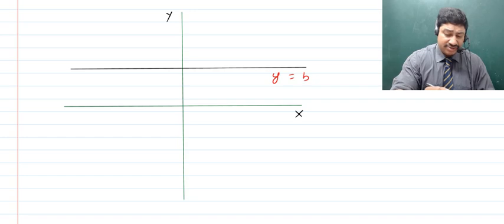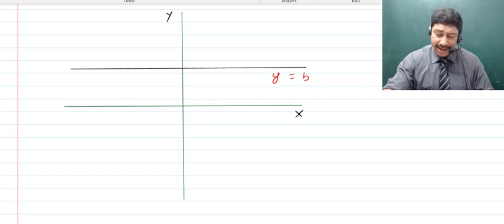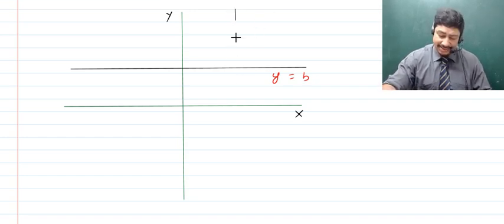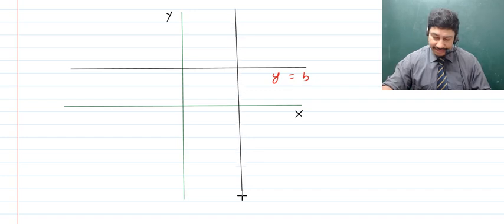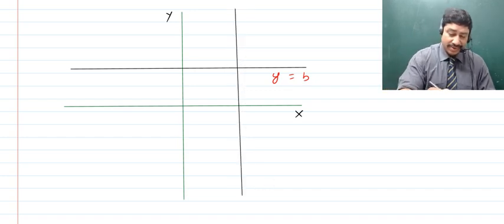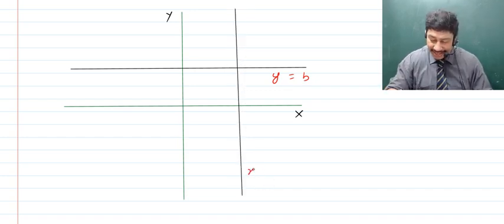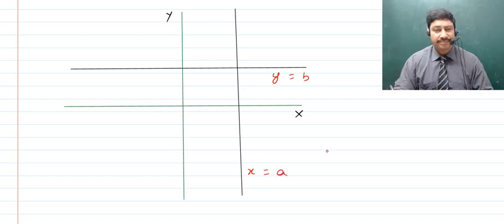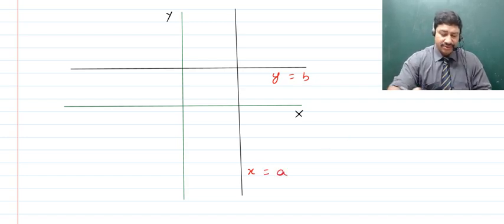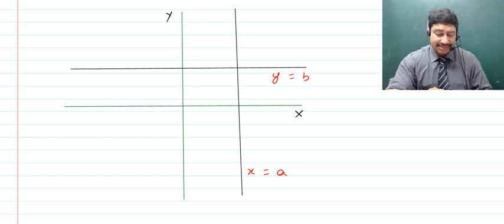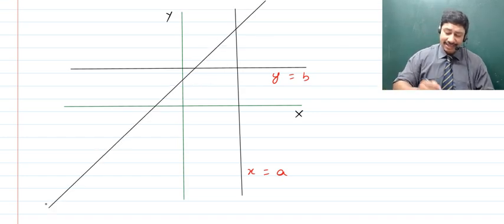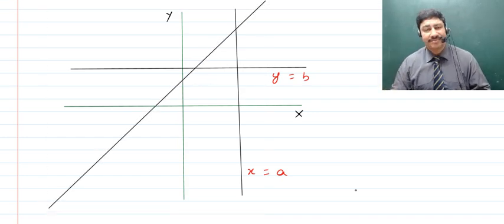There can be another straight line which is parallel to the y-axis, something like this, and its equation is given by x = a. Then in the third case, you can have a straight line which is neither parallel to the x-axis nor parallel to the y-axis and is an oblique line, right?